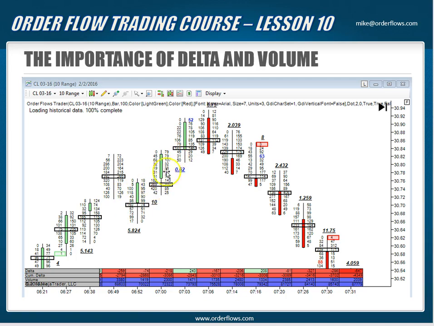Someone is supporting the market. People are trying to sell it to move it lower, but whoever's bidding, it just keeps going slightly higher, higher, higher. And eventually, once these buyers buy what they need to buy, what happens? They're no longer there to support the market, and then the sellers are going to come in and really start to move the market lower.